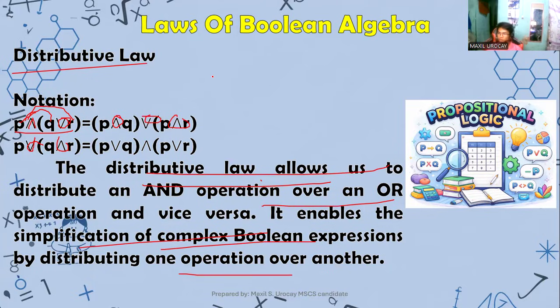Say for example, for P or (Q and R), let's try to calculate P, Q, R. We will begin to work on Q and R first. We have this.